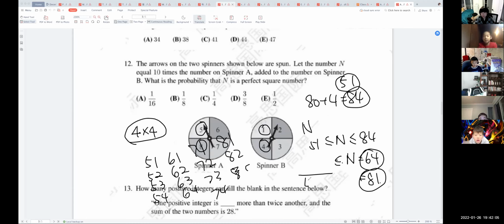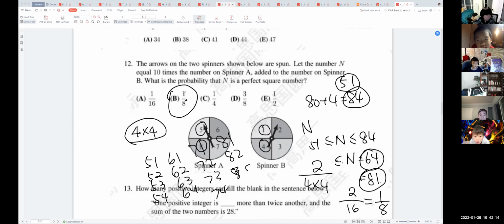So the bottom is 4 times 4. That is all the possibilities. And what is the special case? We only have 2. So 2 over 16. So the answer is 1 over 8. The answer is B. Very good, Jerry. Good job. Understand, everybody?